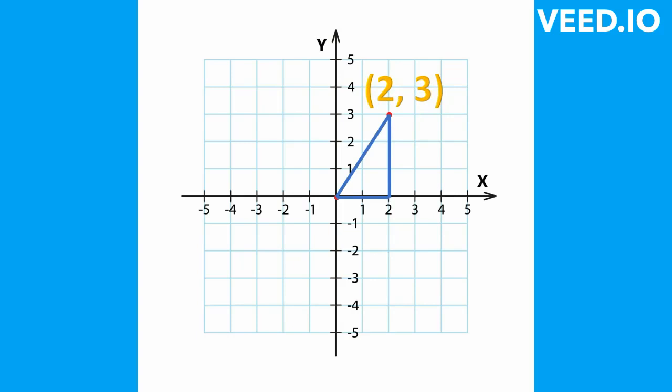The x coordinate indicates how far the point is on the x-axis from the origin. The y coordinate indicates how far the point is from the origin in the direction of the y-axis.